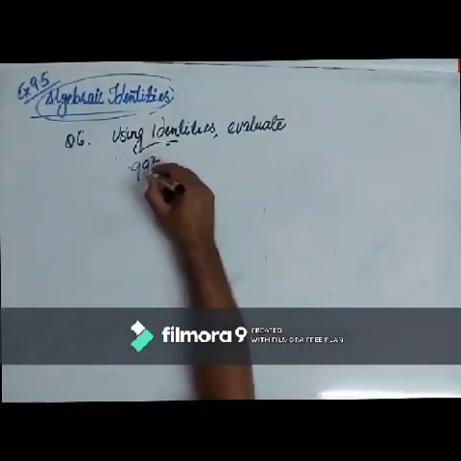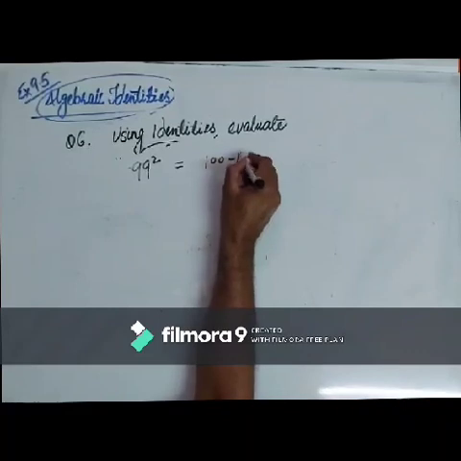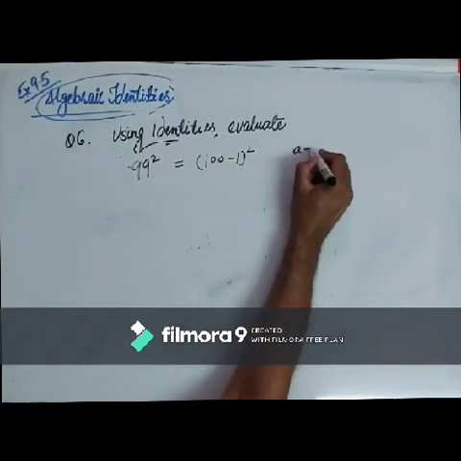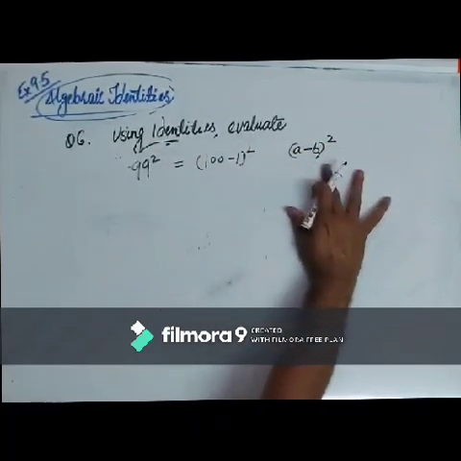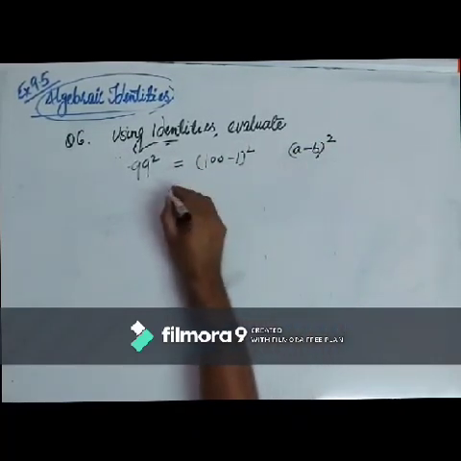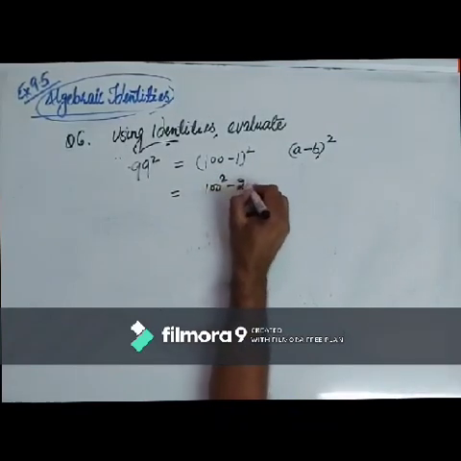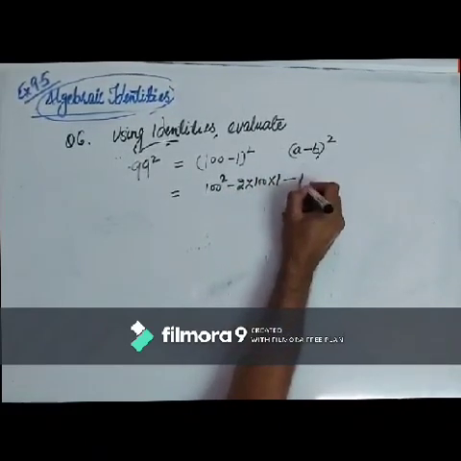Similarly, you can perform 99 whole square as 100 minus 1 whole square, right? So use here the identity a minus b whole square. This is 100 square minus 2 into 100 into 1 plus 1 square.